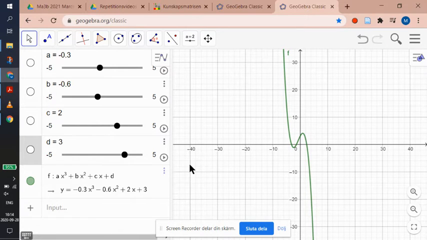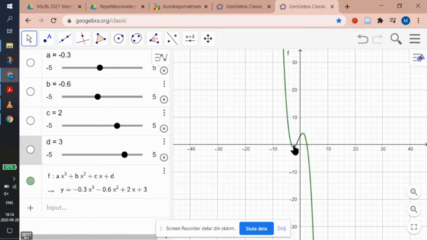Okay, and the graph of this function is shown here in green. So we see that it goes down like this. The zeros of the function are where the graph crosses the x-axis.